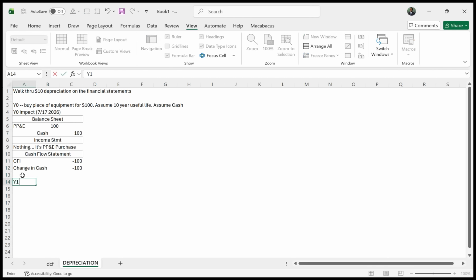What about the year one impact, or sorry, the end of year zero is what we'll call it. Really, what's the financial statement impact is all I'm asking. So balance sheet, what happens? PP&E, really it's depreciation expense, right?